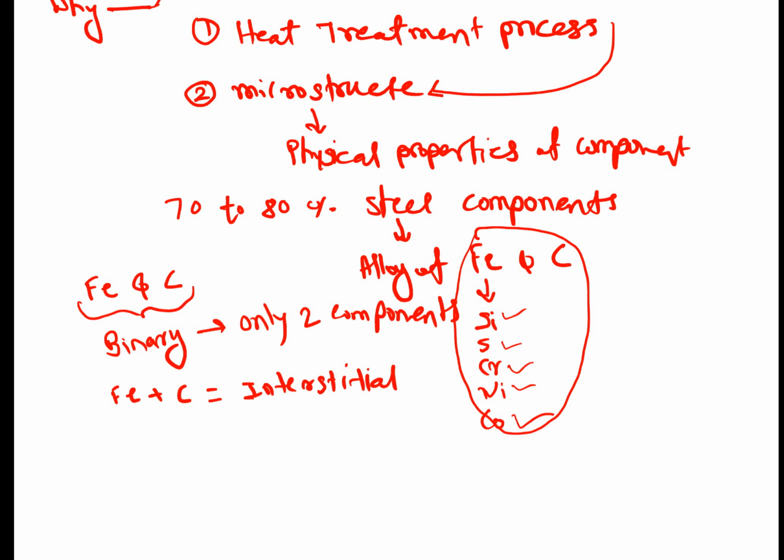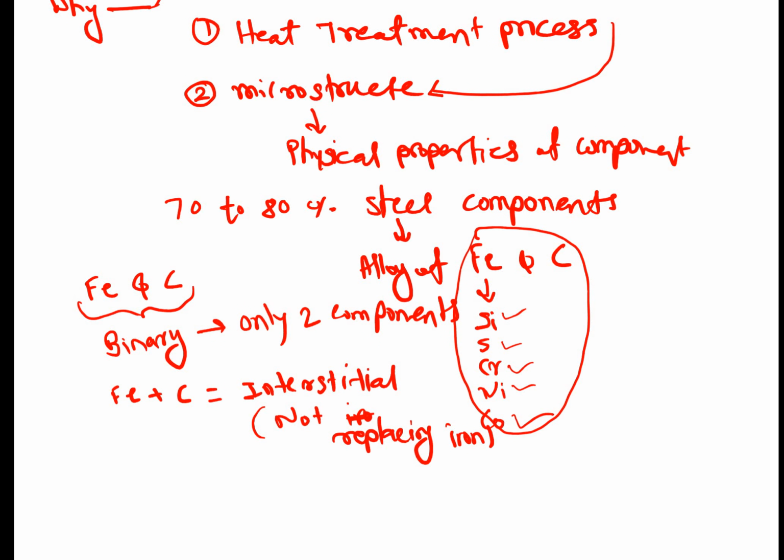That means carbon is not replacing the iron atom. Carbon gets fitted into the empty spaces in the crystal lattice of iron.